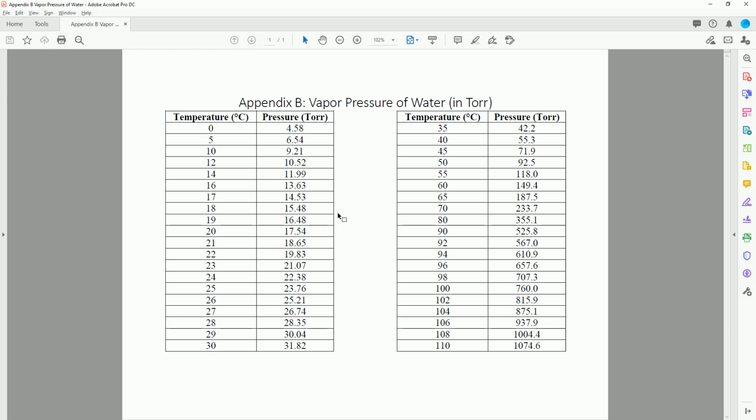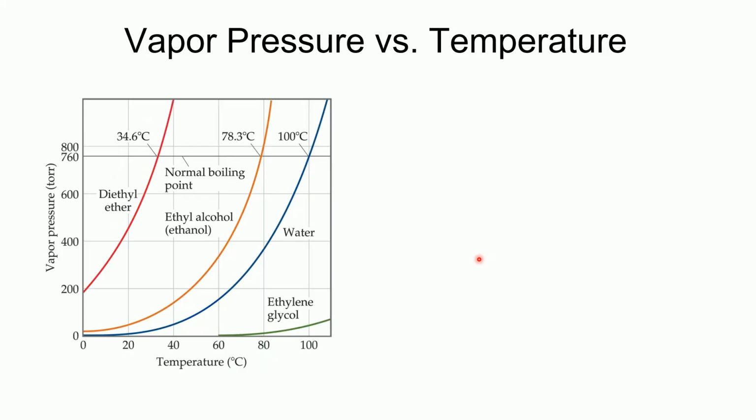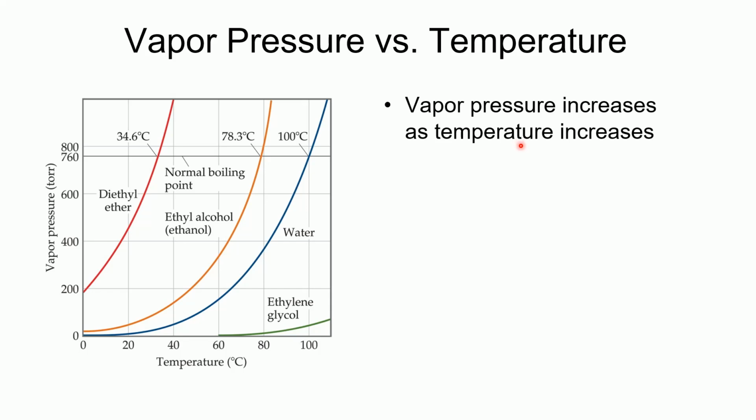You'll definitely see that the vapor pressure increases as we increase the temperature. All right, if we take that and plot it, on the x-axis we put the temperature, and on the y-axis we put the vapor pressure. Here's water. You'll see it started off very low, vapor pressure gradually increased, and eventually it got higher and higher. So vapor pressure increases as we increase temperature.